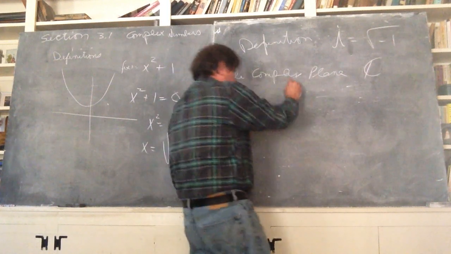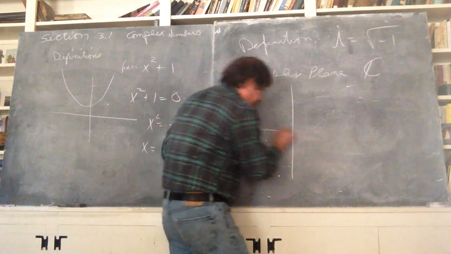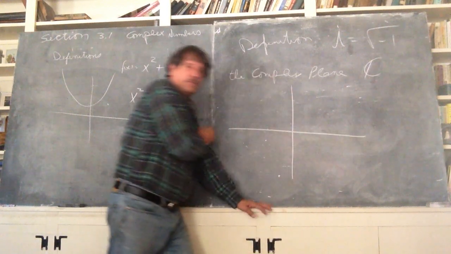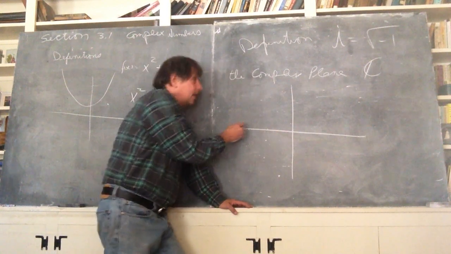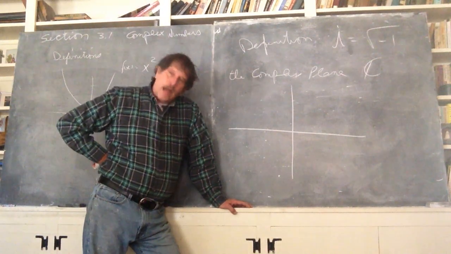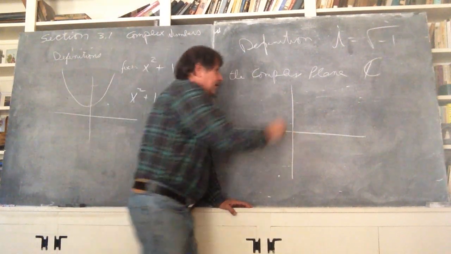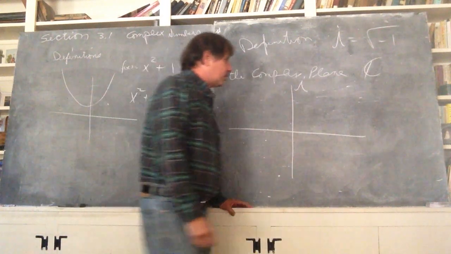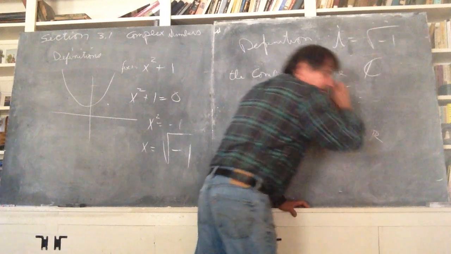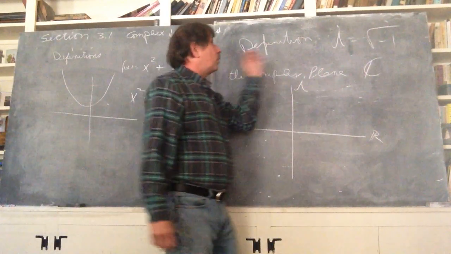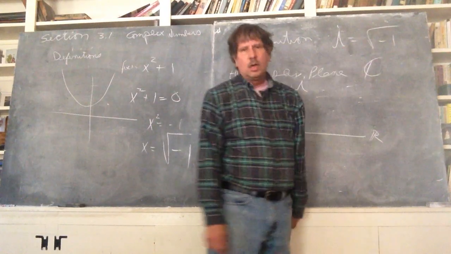Instead of having a real number system both ways, keep in mind, y's and x's, this is the real number system. And it will be in the complex plane, by the way. This is also a real number system. However, in the complex plane, this is the imaginary part of a complex number, and this is the real part of a complex number.